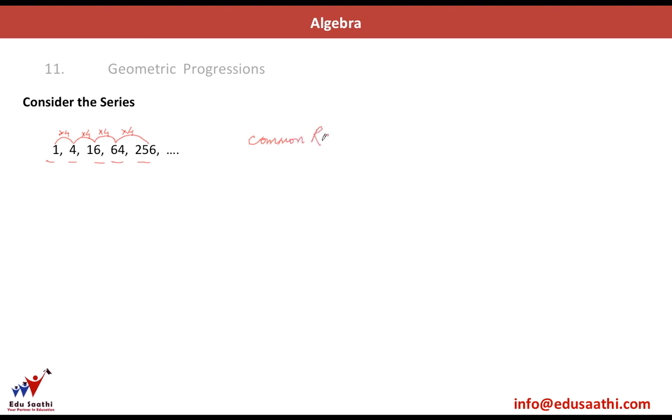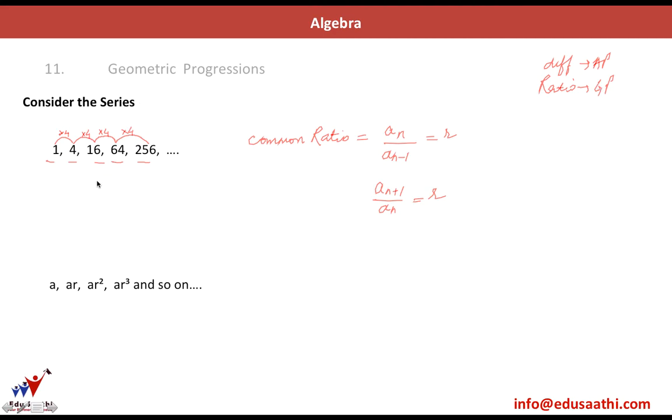Now what do you understand by common ratio? That means if you divide any two consecutive terms, they will always give you a common ratio. So a n plus 1 over a n would be the common ratio. Instead of the difference in the case of an AP, it will be a ratio in the case of a geometric progression.